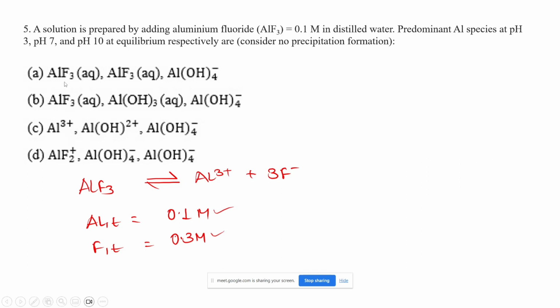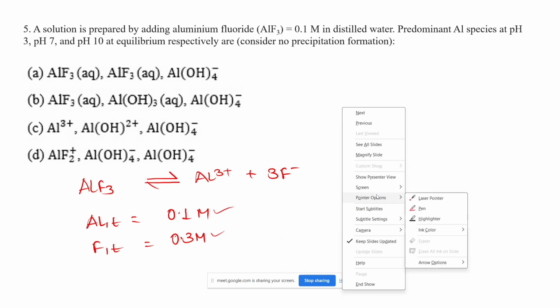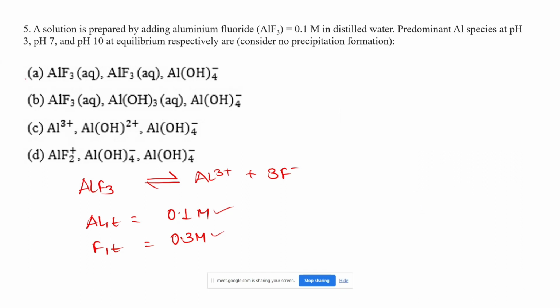Next, at pH 7, AlF3 was the dominant. And at pH 10, AlOH4 minus was the dominant. So the correct option is option A. So option A is the correct.